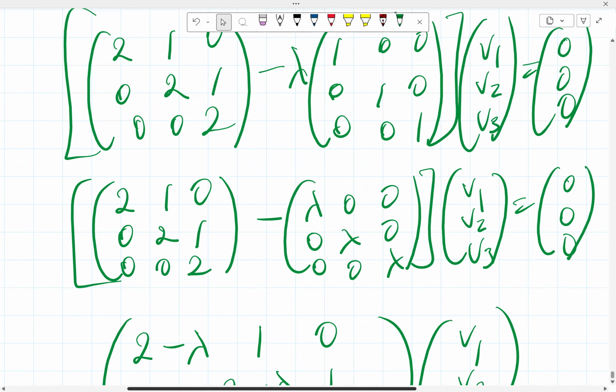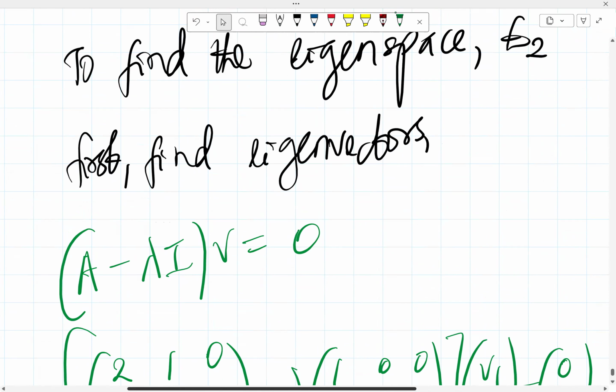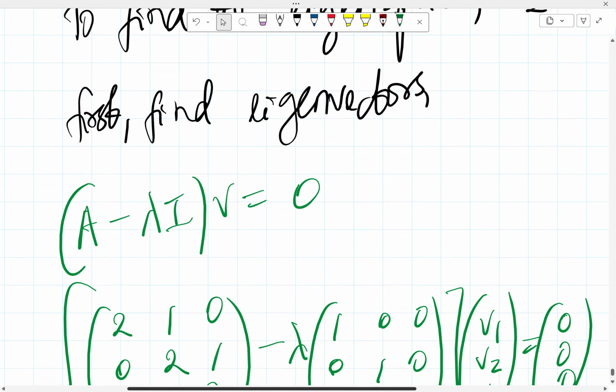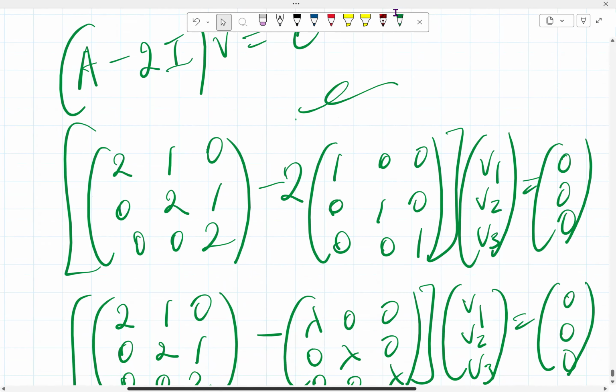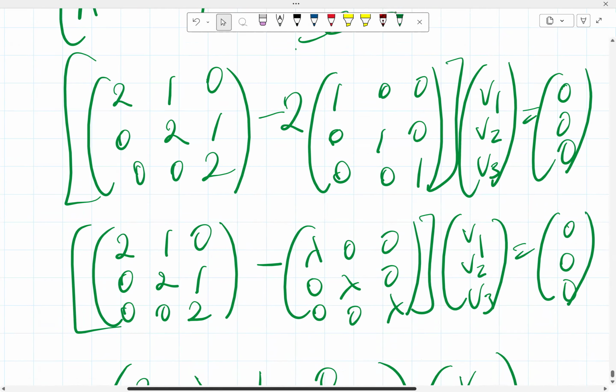Okay, we already have our lambda, right? Lambda is 2, so this is 2 right here. Then this is 2, 2, 2 all the way.